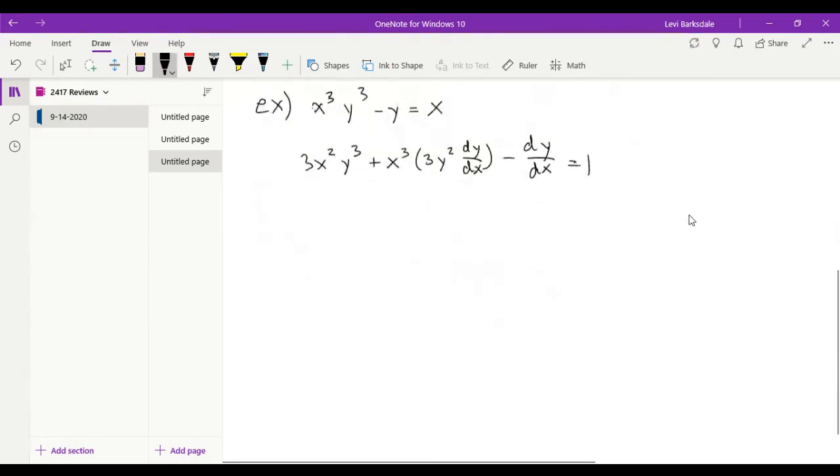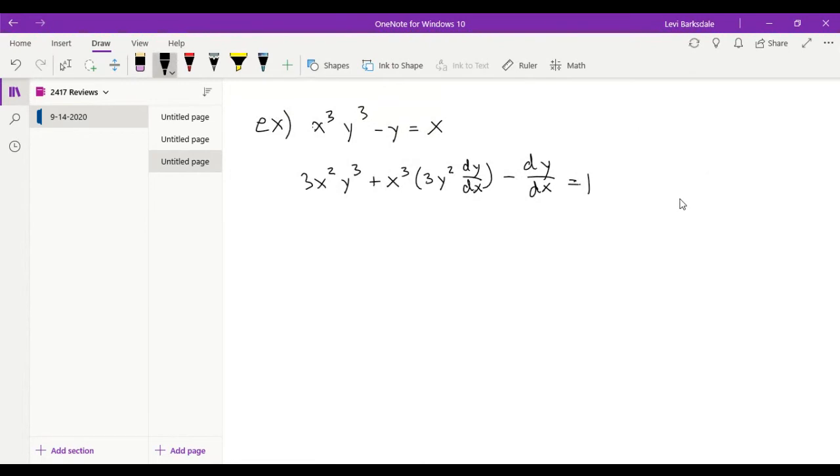And the trick to isolating your dy over dx is to just put everything with the dy dx on one side and everything without it on the other side. So we get 3x cubed y squared dy over dx minus dy over dx equals 1 minus 3x squared y cubed, just by subtracting this 3x squared y cubed over.